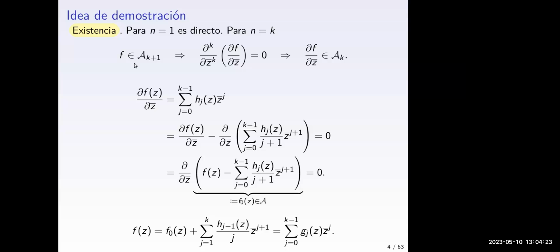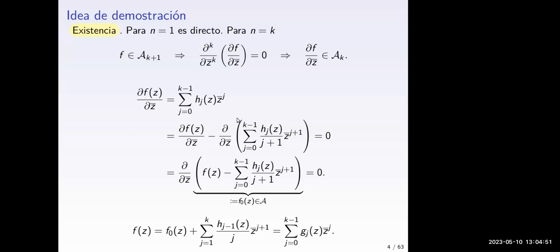We see that if f is k plus 1 analytic, then its derivative with respect to z bar is k analytic. So there exist k analytic functions that give us this representation for the derivative of f.